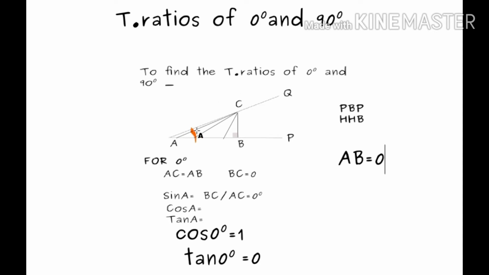The hypotenuse will be equal to the perpendicular, meaning AC is equal to BC. Understood? Now you have these sides, and now you are able to calculate the ratios. So the homework is to calculate the trigonometric ratios of the 90 degree angle.